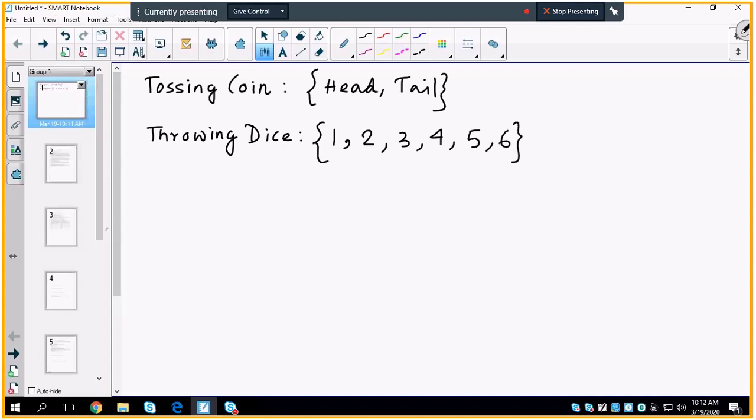In this situation, I can associate a random variable, say X. This random variable is going to take the values 1, 2, 3, 4, 5, or 6.